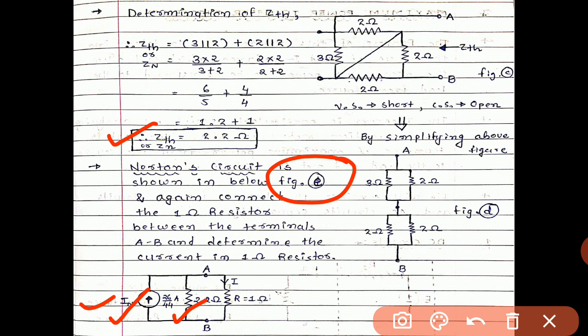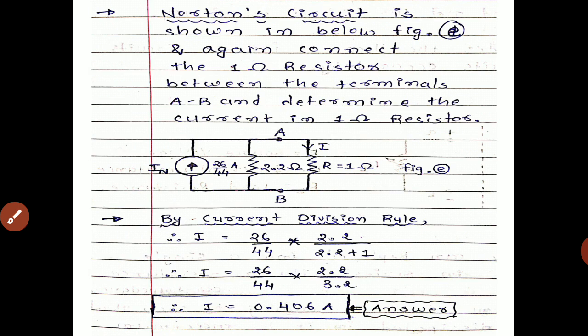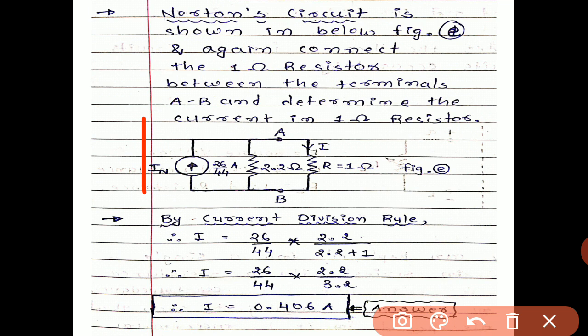And in between AB, again we re-establish our load, that is RL equals 1 ohm. So our target is to find the value of current flowing through the load. So the Norton circuit we build over here like this.